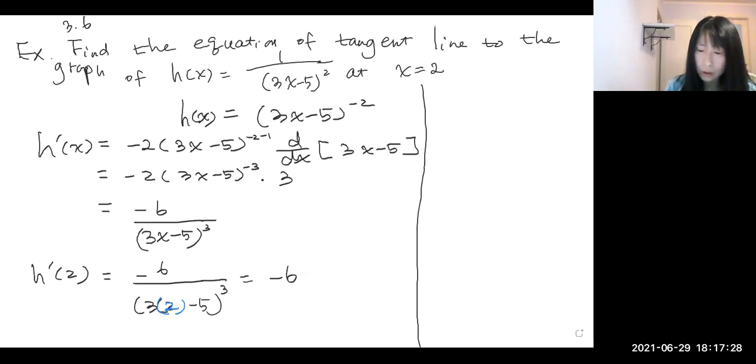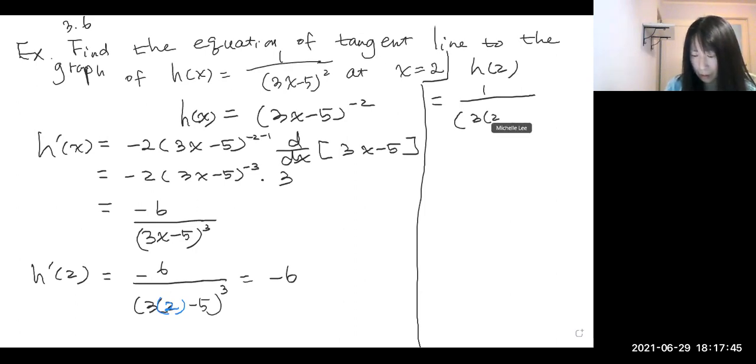Then when x equal to 2, what do you get? h of 2. So 1 over, can you please calculate? It's 1.